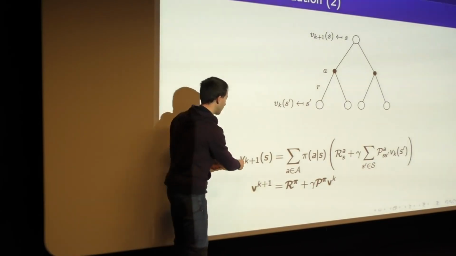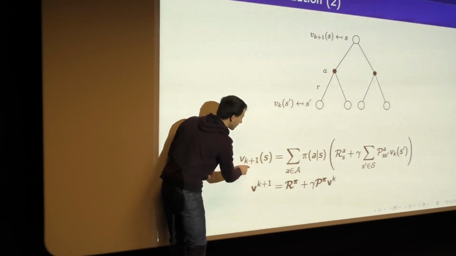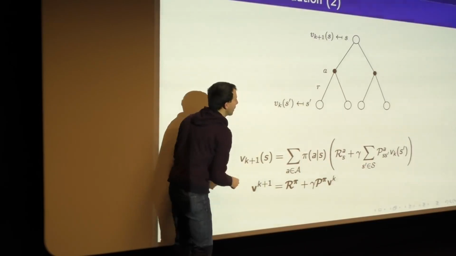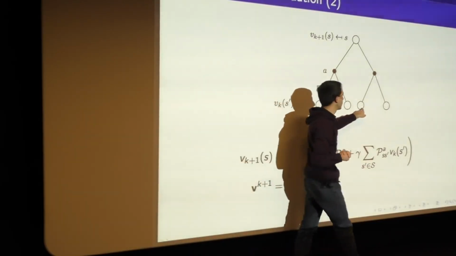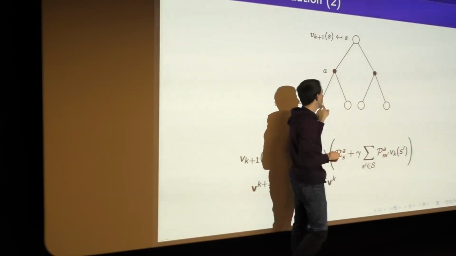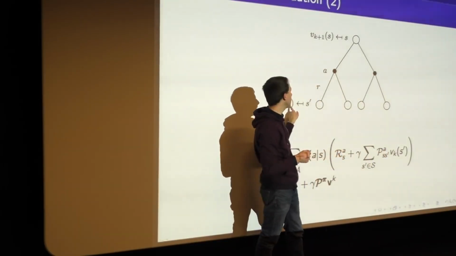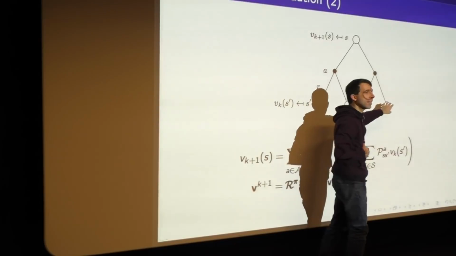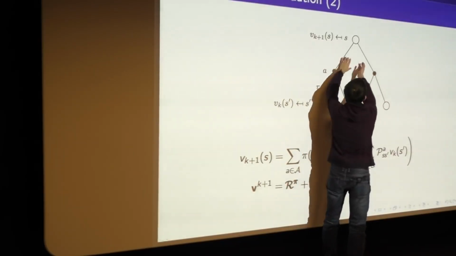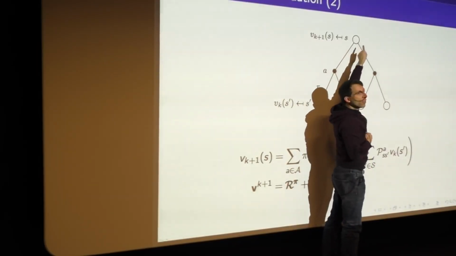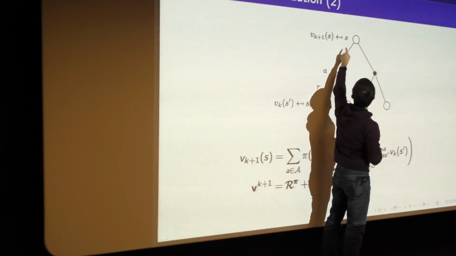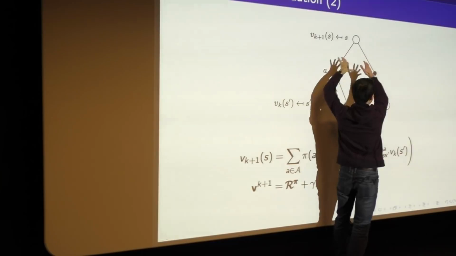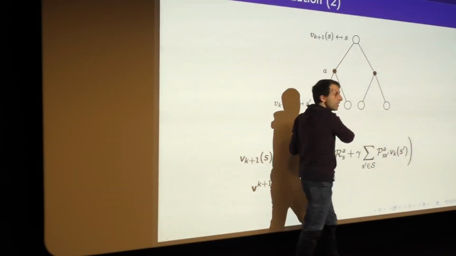In other words, we define the value function at the next iteration by plugging in the previous iteration's values at the leaves. We take our value function from the last iteration, vk, plug in those values at the leaves, and back them up to compute one single new value for the next iteration of the root. So we figure out vk plus 1 of s by doing a one-step look ahead, looking up our values from our last value function.